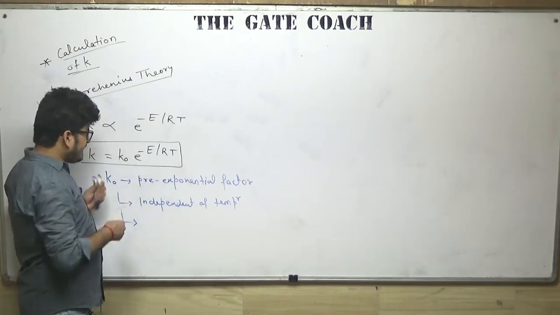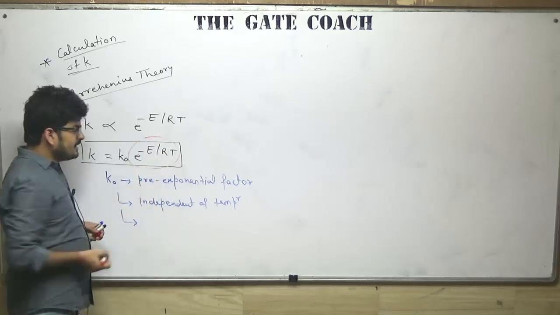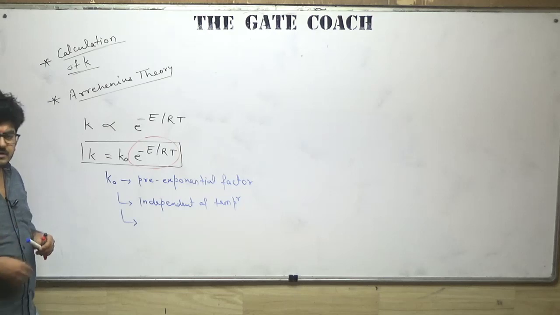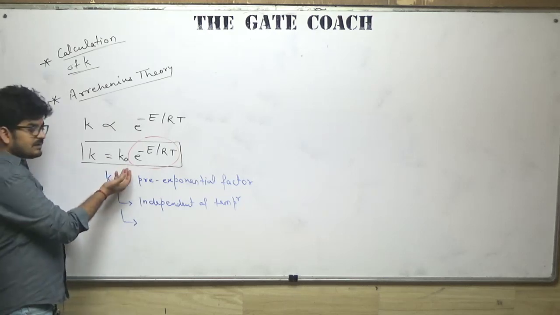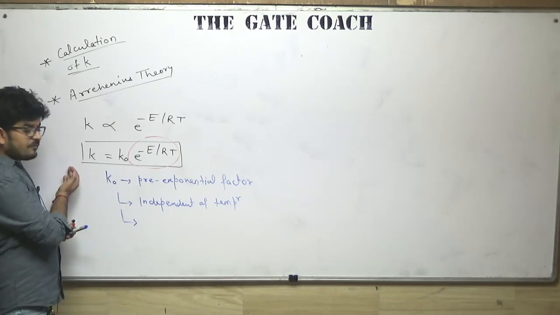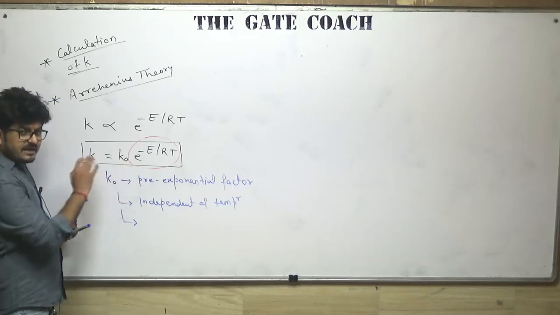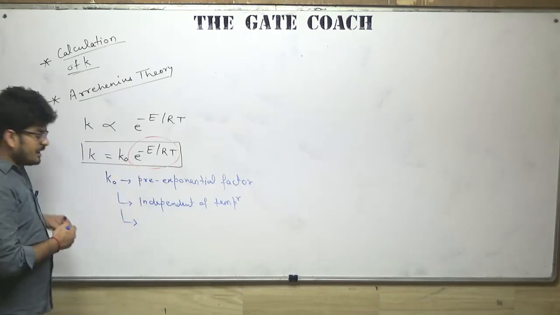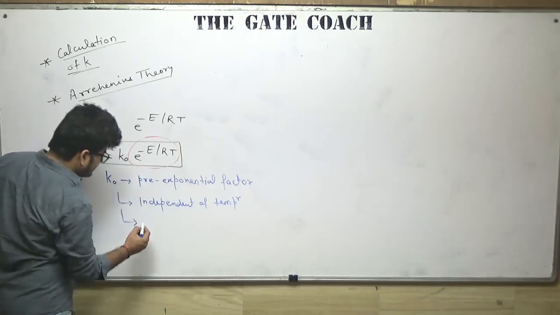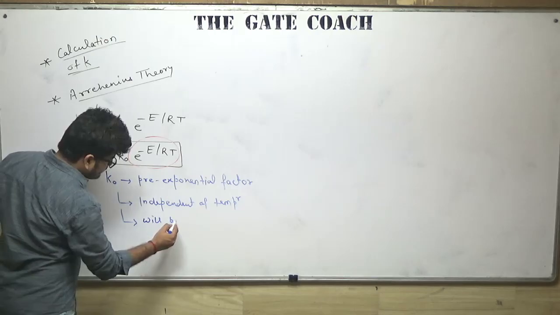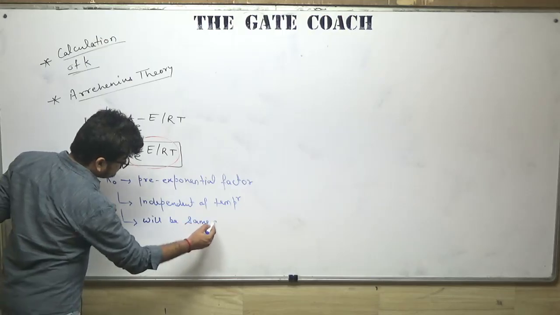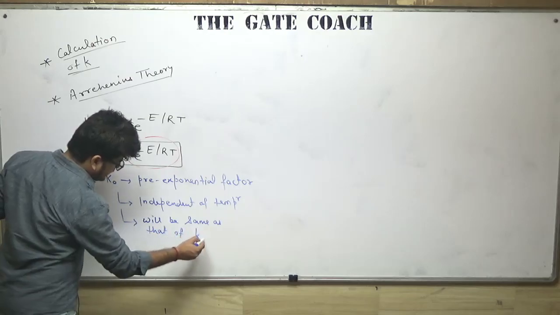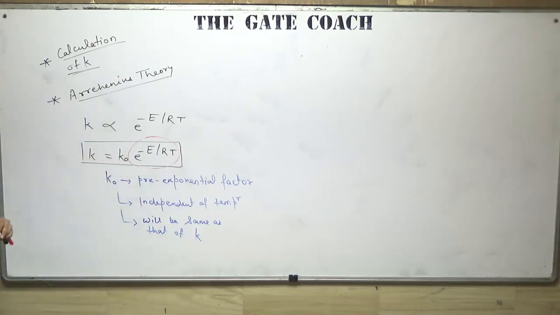So similarly, this exponential function will be unitless as well. And if this is unitless, then the units of left hand side and right hand side in any equation should be same. So the units of K naught will be same as that of rate constant K.